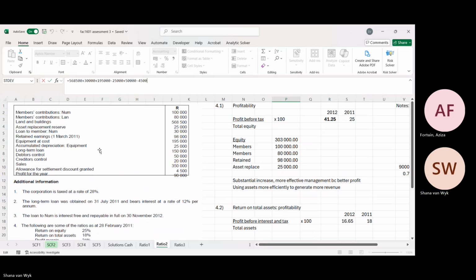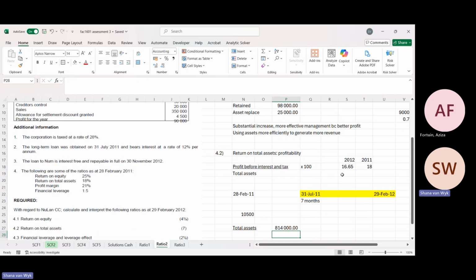No. Oh, wait. The loan to member is interest-free and repayable in full. But 814,000 doesn't mean it is correct. Oh, then I get 16.6. But why do you get the full 814,000? Have you got two 500s there? And where's the other 500 that you got?